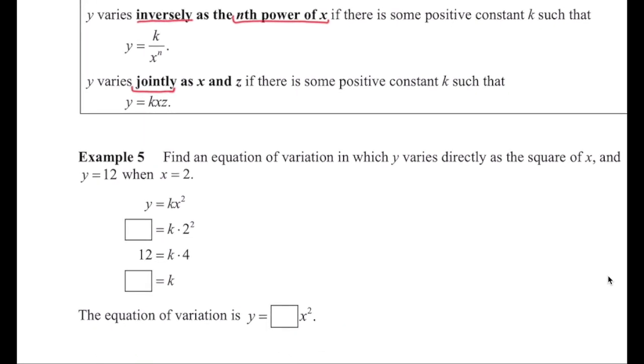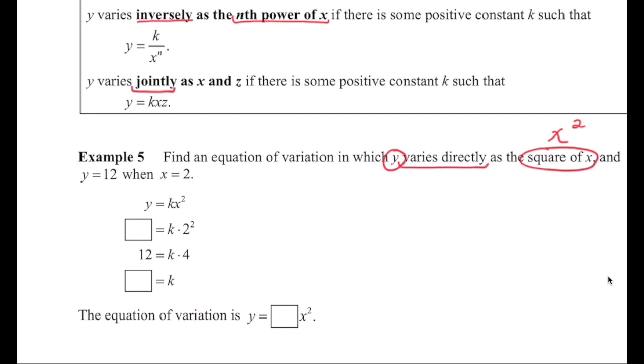Example 5. Find an equation of variation in which y varies directly as the square of x. Varies directly means multiplication, as the square of x, when y is 12 and x is 2. So we need to find our general equation.